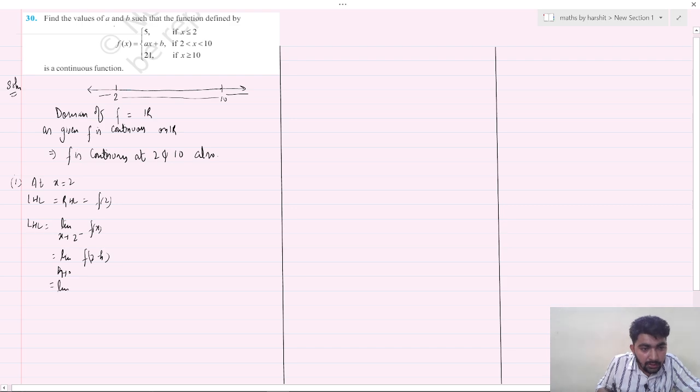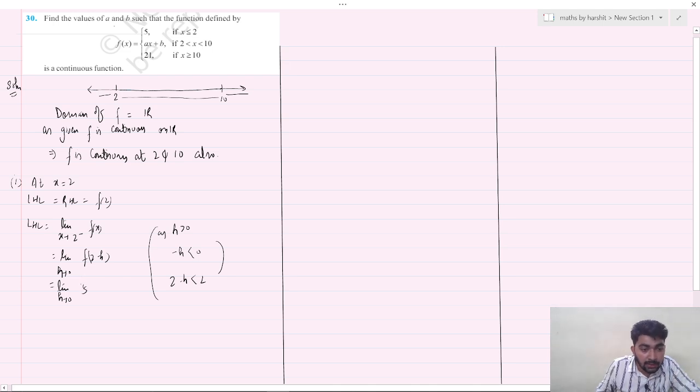What is f of 2 minus h? Here h is a positive quantity, as I told in my previous videos also. H is an infinitesimally small positive quantity, so minus h is less than 0, and 2 minus h will be less than 2. Understood? So here it means it is the left side of 2.